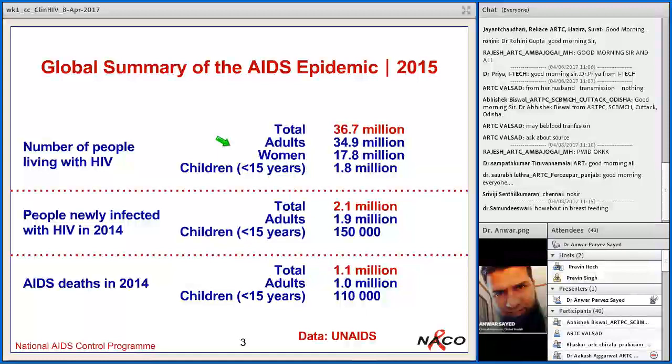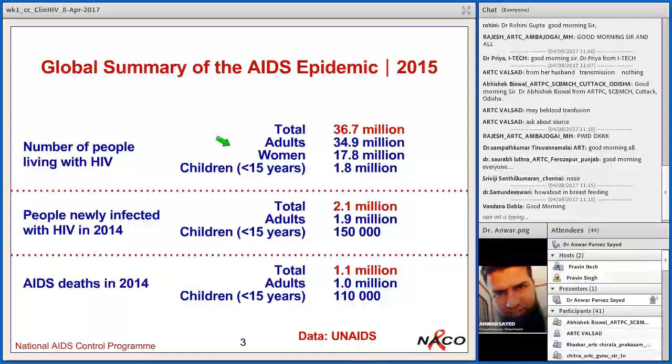So it becomes very important that the strategies which are implemented to deal with HIV should include special requirements for women also. Sometimes their needs will be different, their problems will be different, like stigma and other issues. Especially in a family, if the person first diagnosed HIV positive is a woman and then the husband is diagnosed, then it becomes a nightmare.